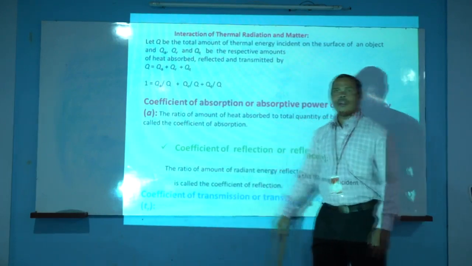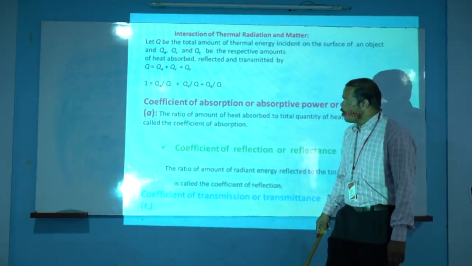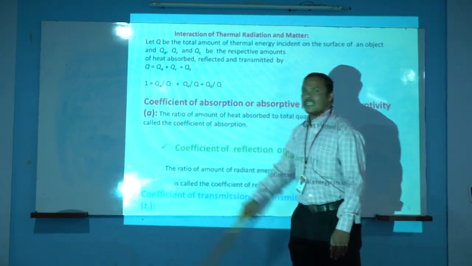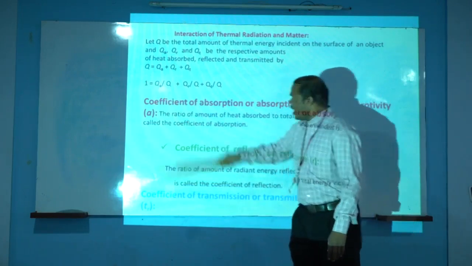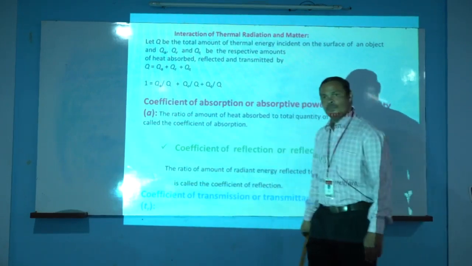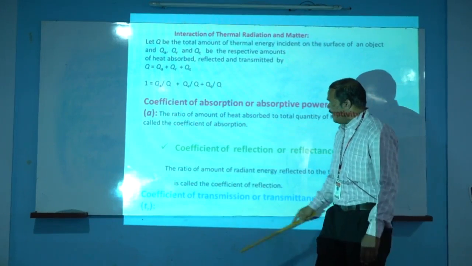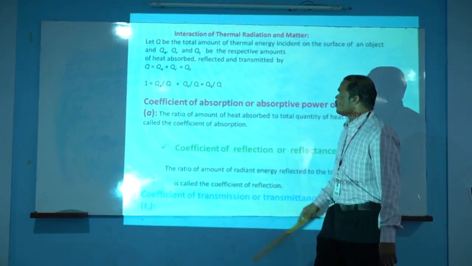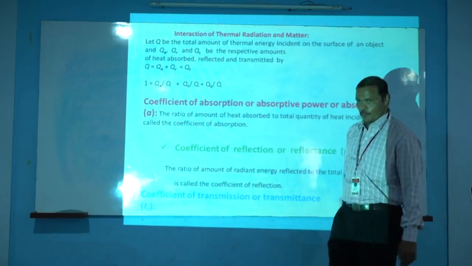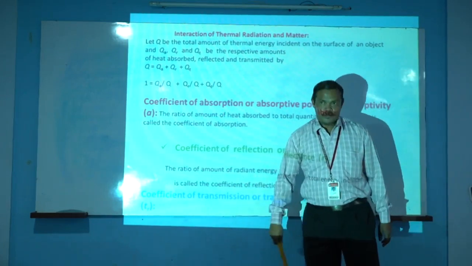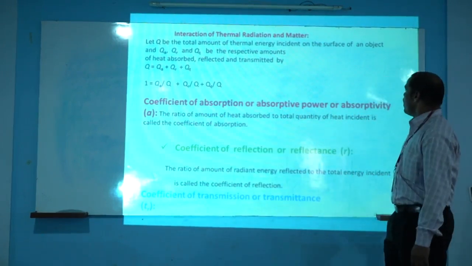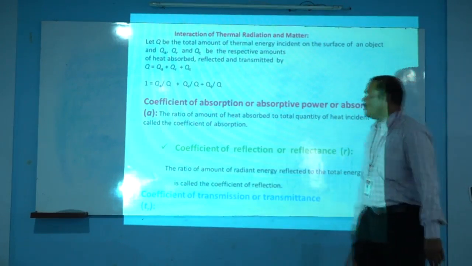Divide this equation by capital Q: Q upon Q, the Q gets cancelled, and the left hand side becomes 1, equal to, on the right hand side, QA upon Q plus QR upon Q plus QT upon Q. Then we define coefficient of absorption, or absorptive power, or absorptivity.